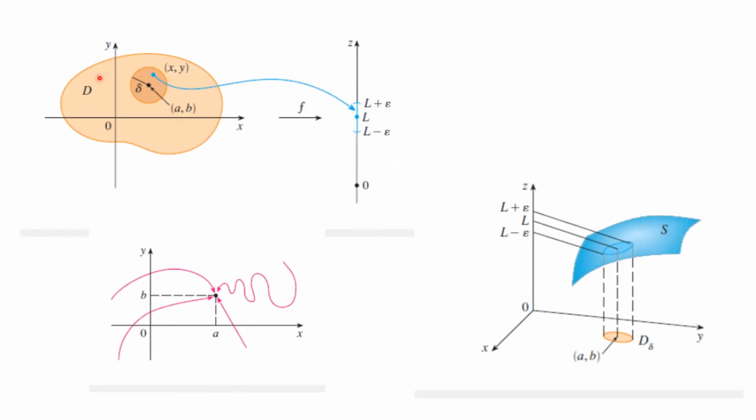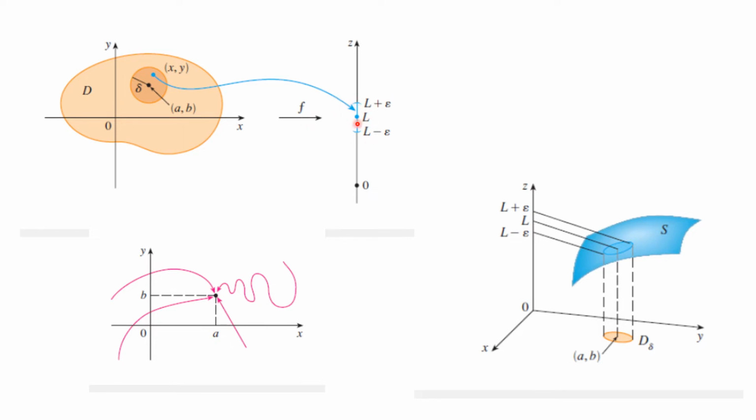So what's going on? Well, we're picking values of (x, y) that are close to (a, b). So that means the distance is a circle here of radius delta. So we're picking (x, y) in there, and what we get as z values when we plug it into f is a number that's close to L, and here's where epsilon is.